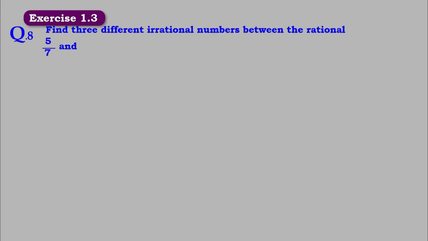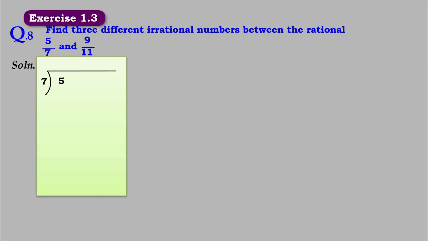Now question number 8, find 3 different irrational numbers between the rational numbers 5 by 7 and 9 by 11. Let us do the division of 5 by 7 first.